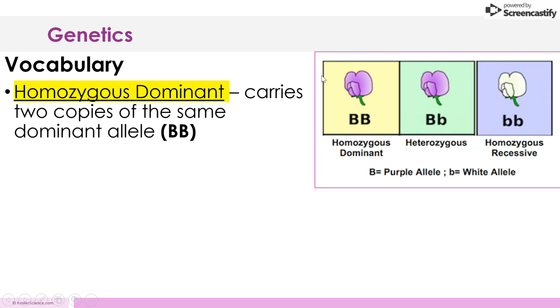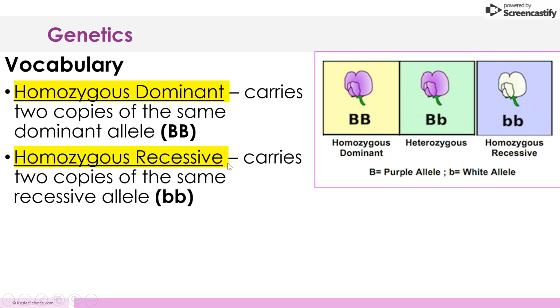And again, that's going to be for the dominant allele. And in the case of Mendel's pea plant flowers, we know that the purple color was dominant, the white color was recessive. So if capital B, big B, equals purple, the purple allele, we know that in this case, two big B's is going to give us a purple flower.